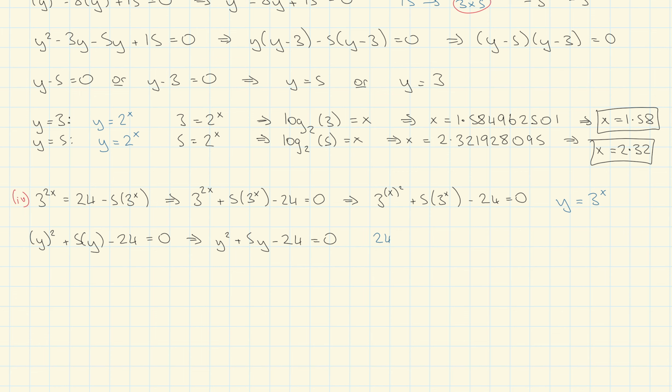Factors of 24: 1 by 24, 2 by 12, 3 by 8, and 6 by 4. And we need a pair that will give me plus 5, so it's 8 and 3, plus 8 minus 3. So we have y squared plus 8y minus 3y minus 24 equals 0.